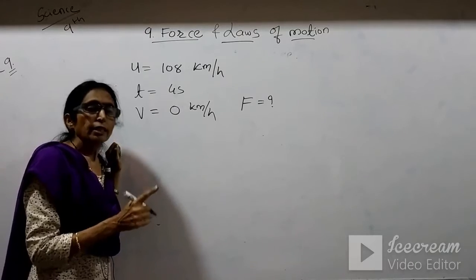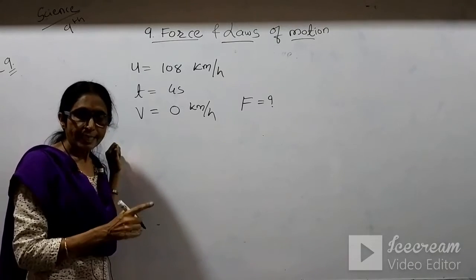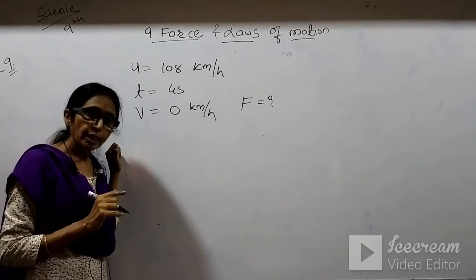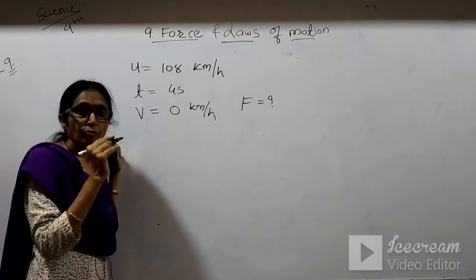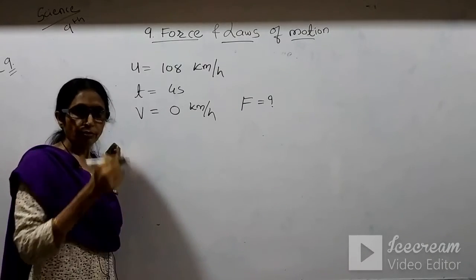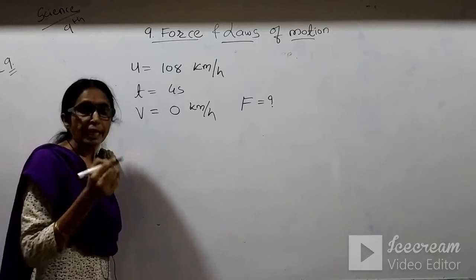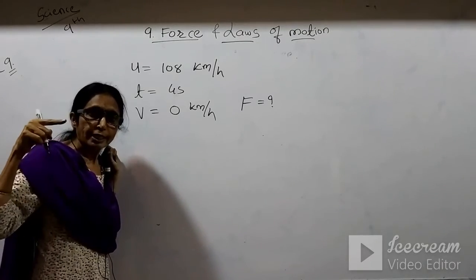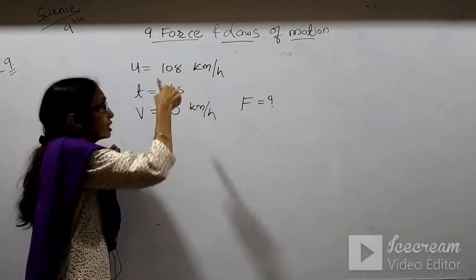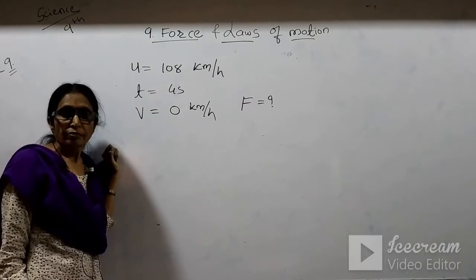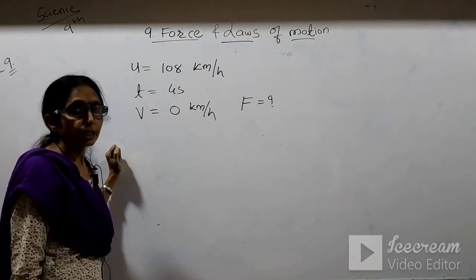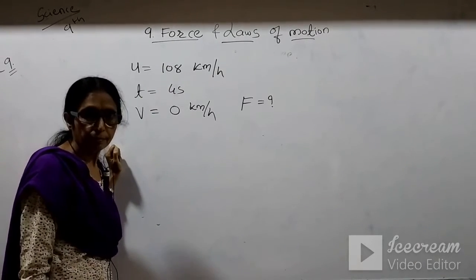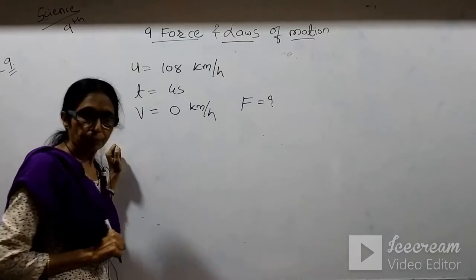Again, read the sum twice, thrice, then only you get what to find out and what is given. Again I am repeating. The motor car is moving with this much speed, 108 kilometers per hour. The brake is applied on it.